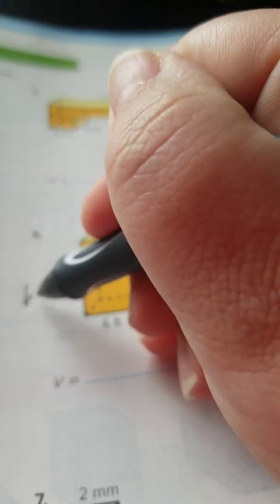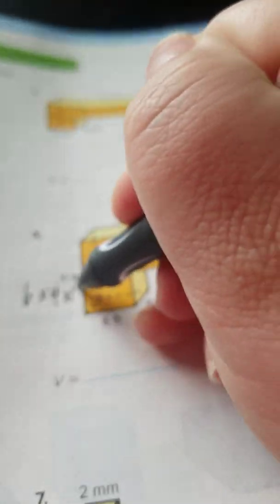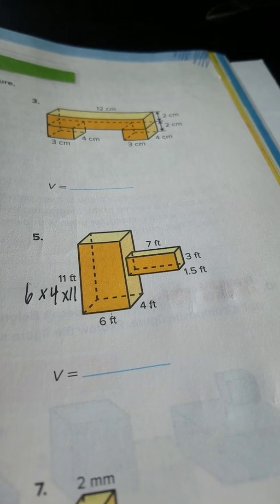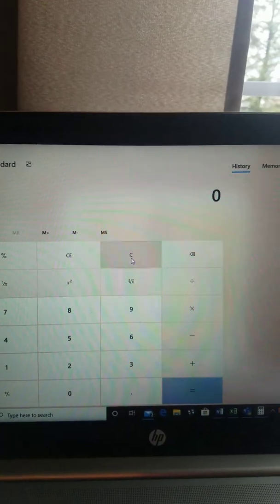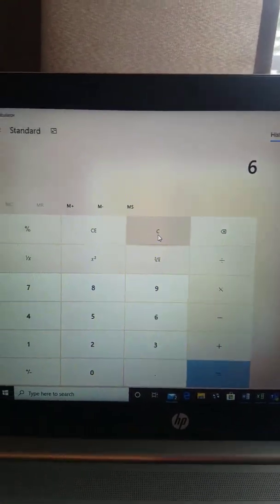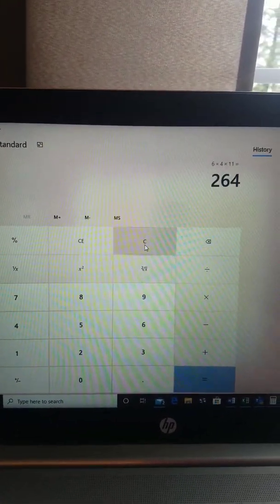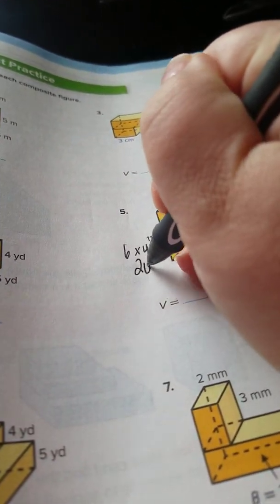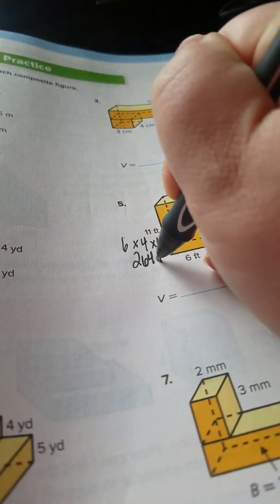So 6 times 4 times 11 for the bigger rectangular prism. I'm going to clear it out because I don't want to use any of the old numbers. 6 times 4 times 11, 264. So the big one is 264 cubic feet.